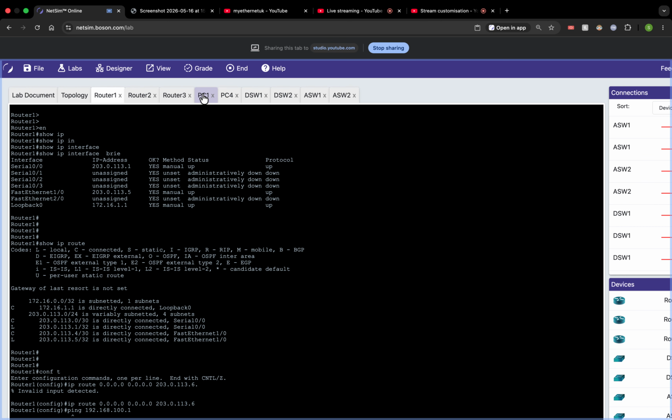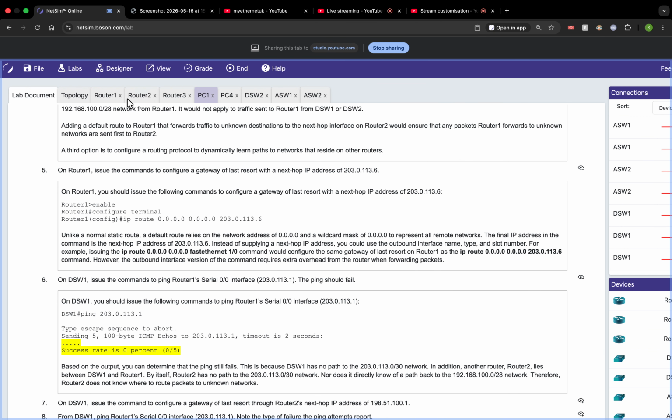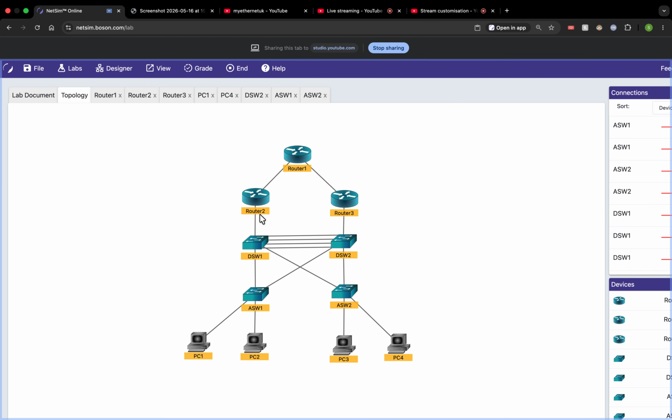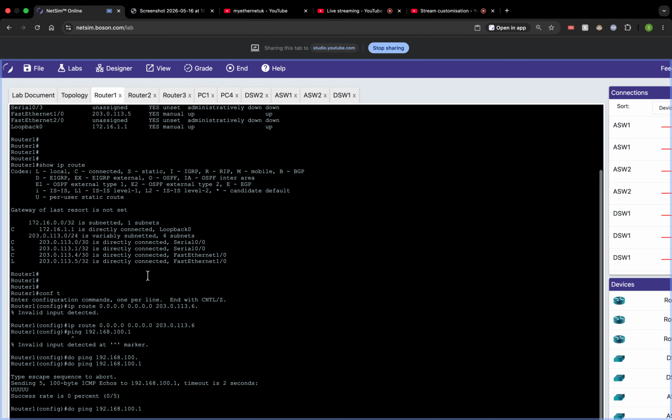Okay, we've configured something on router 1 telling it how to get to DSW1, but we've not configured something the other way. If we were to ping, by the way, I want to try a ping test, even though it's not asked us to do it, but let's do a ping test.